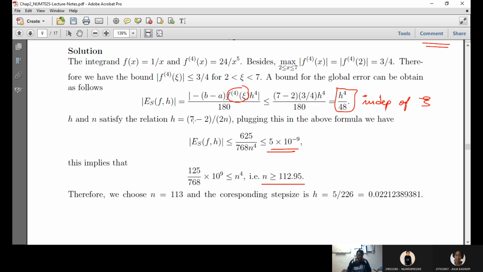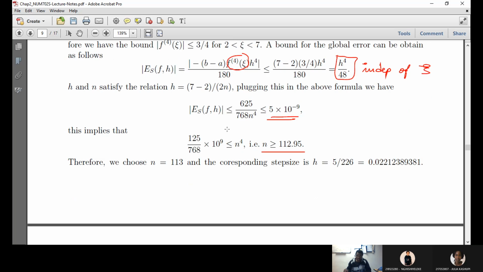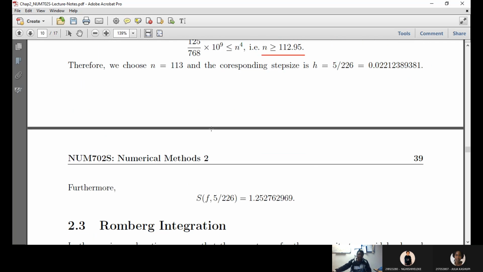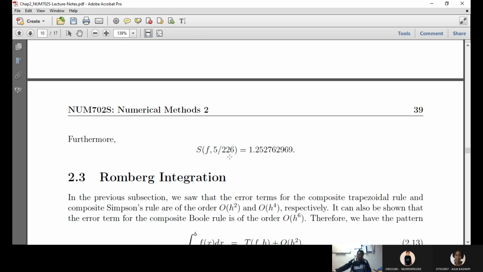Now I divide 7 minus 2, which is 5, by 226, and we obtain that h is 0.0221238931381. So that's the expression that we obtain. All right, so therefore the rule for that value of h will give us this result.